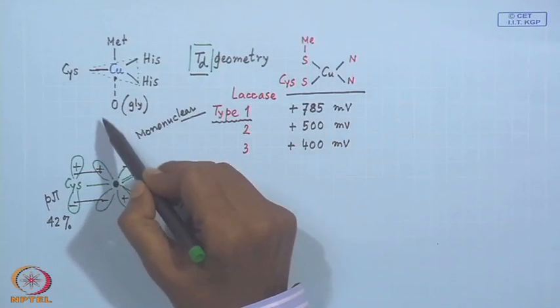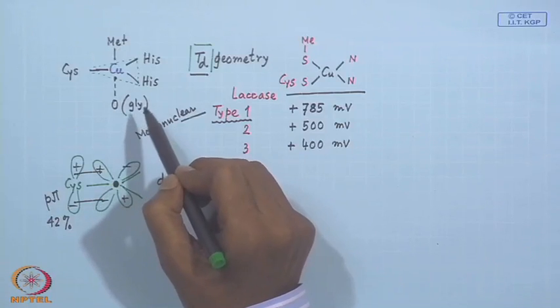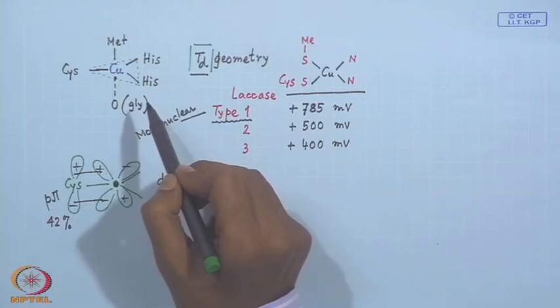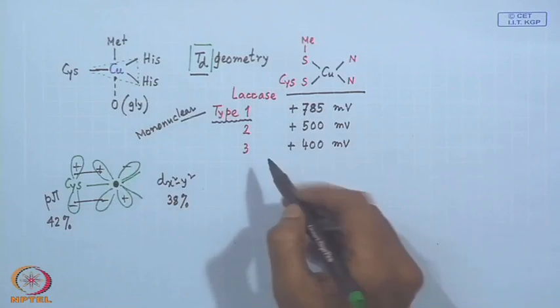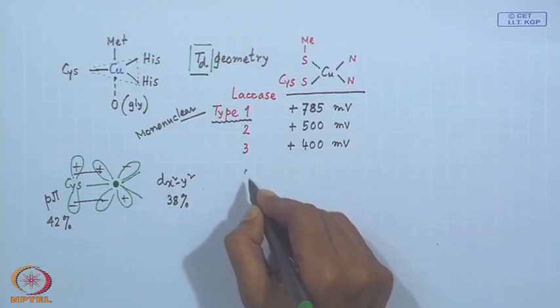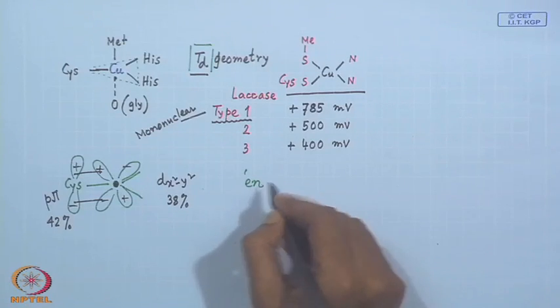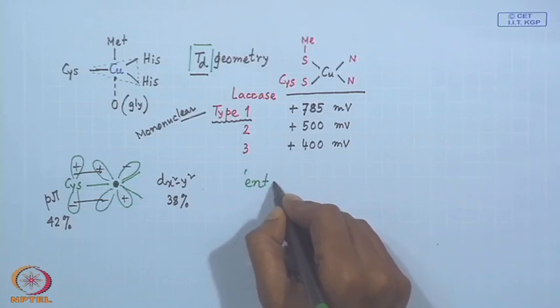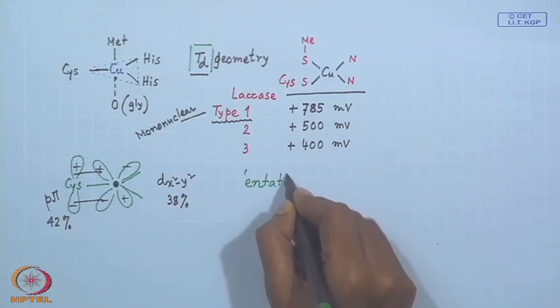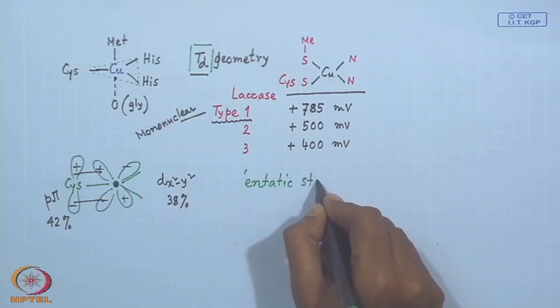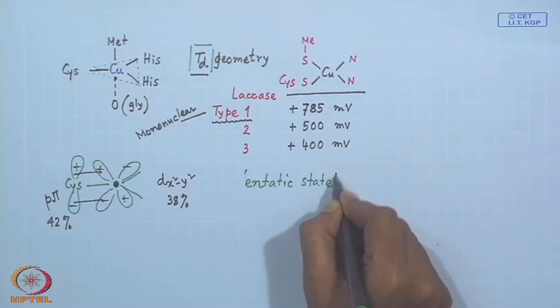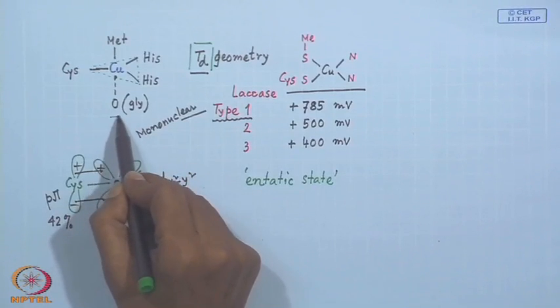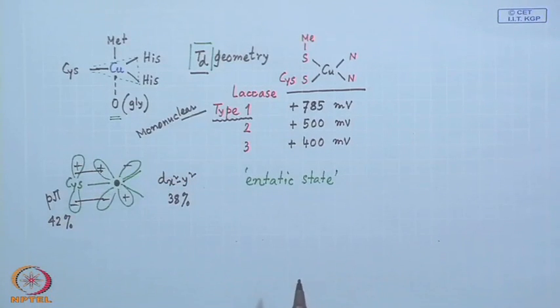When this particular oxygen is removed, it is a highly distorted geometry, and in biology we call all these cases entatic states. So, you generate the entatic state by simply removing this weakly coordinating oxygen atom.